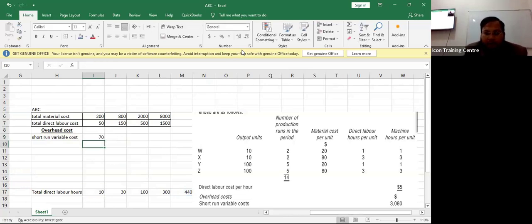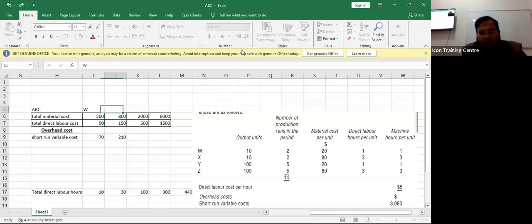So 70 will come here. And then 3080 divided by 440 gives you the per labor hour cost, multiplied by 30, because we are consuming 30 labor hours to produce X.